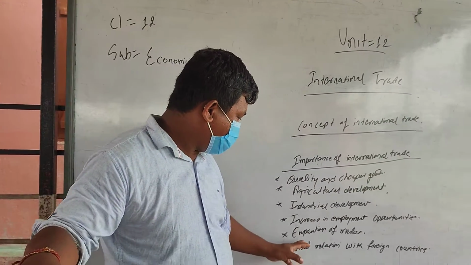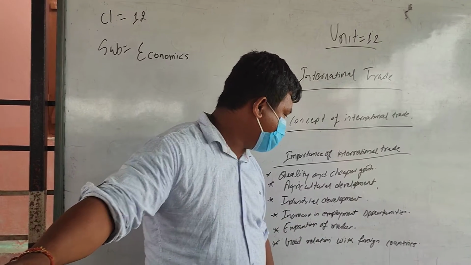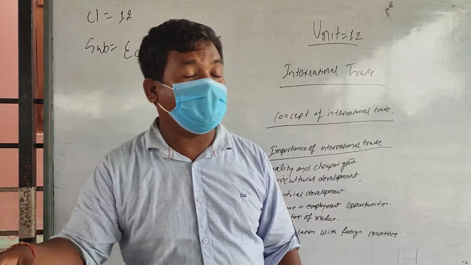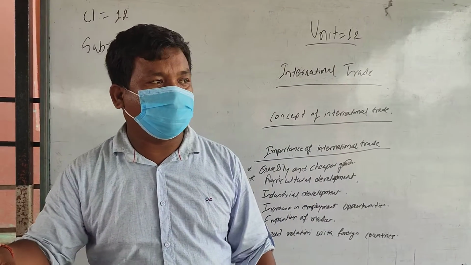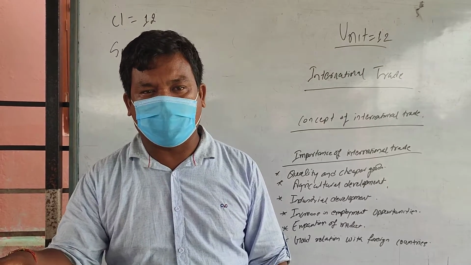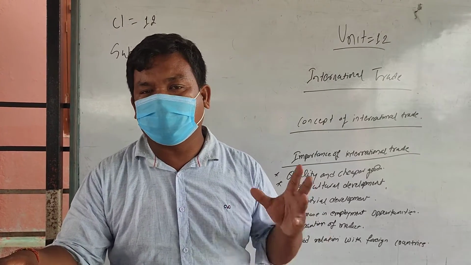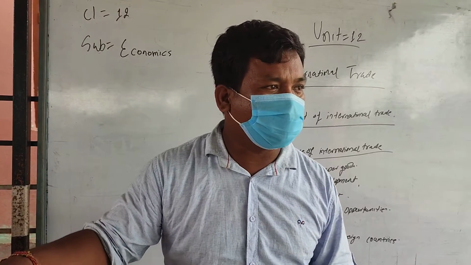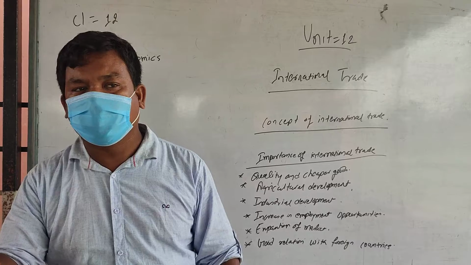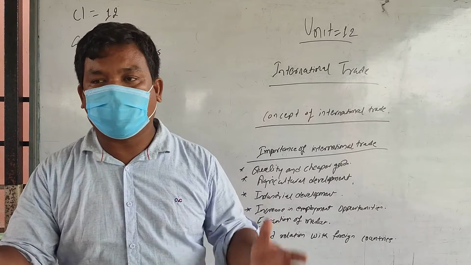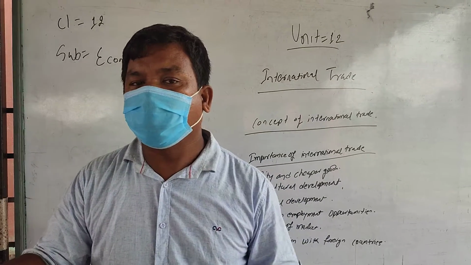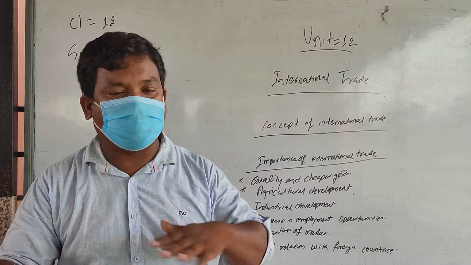Now, expansion of market. Now next is what? Expansion of market. When you talk about market, Nepal is a very small country, not so big, so its market is not so large. So usually multinational companies, joint stock companies and large scale industries invest a lot of capital, and for that they also need a very big, very large market.